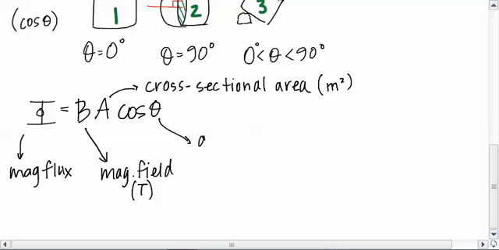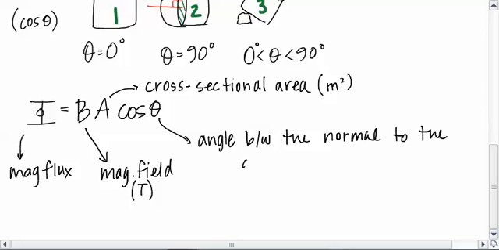It's the angle between the normal to the area and the field. So what's the magnetic flux measured in?